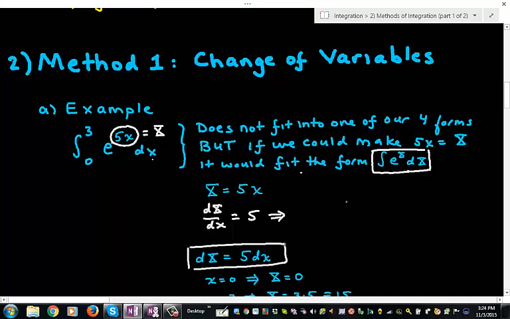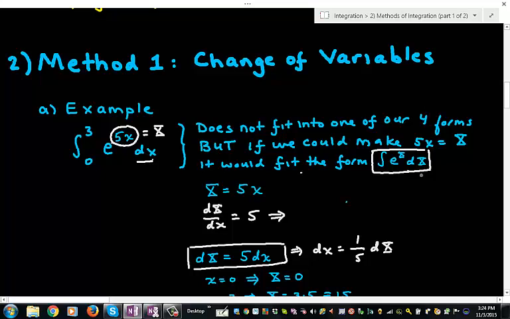And notice now that I can actually solve for d of small x. And of course, that's what I want, because now I can substitute in for d of small x, and I have it in terms of d of capital X, which is what I want.